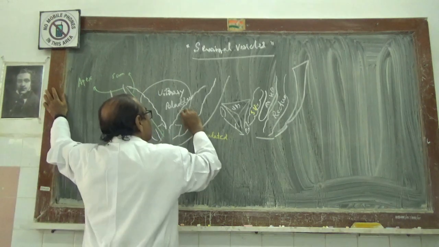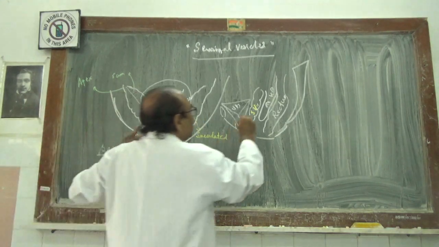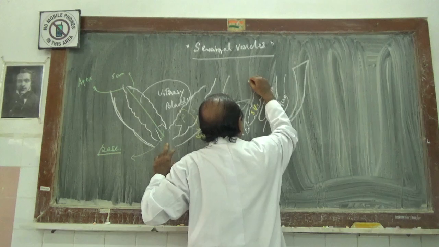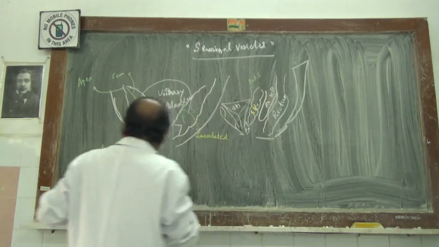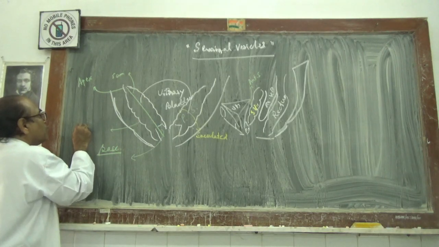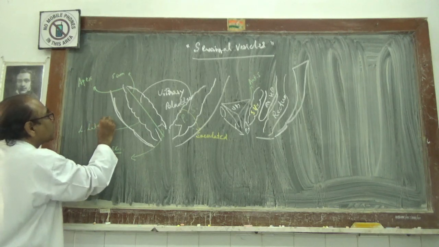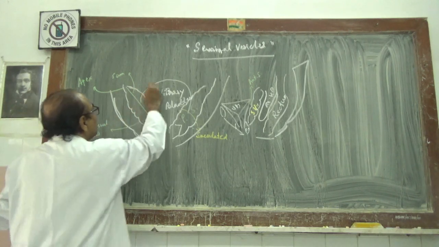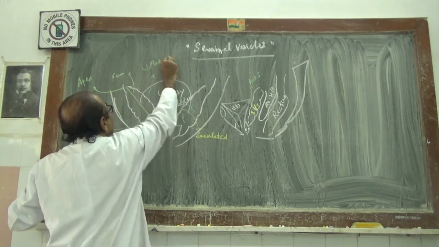So what you will be seeing, this is the posterior surface. Anterior surface is this, and you have got the lower lateral border and upper medial border.